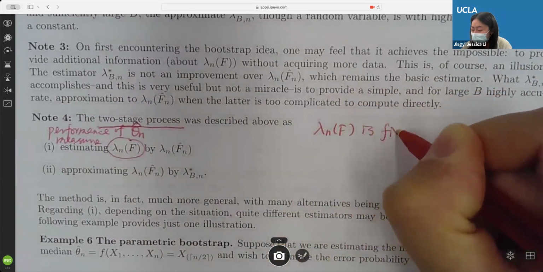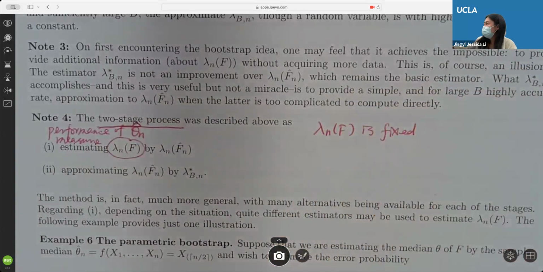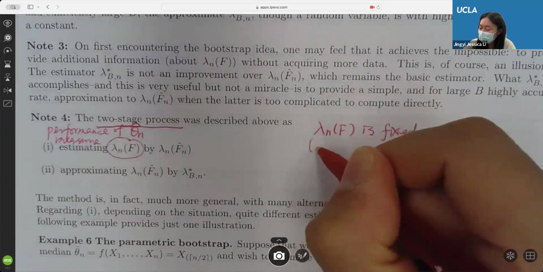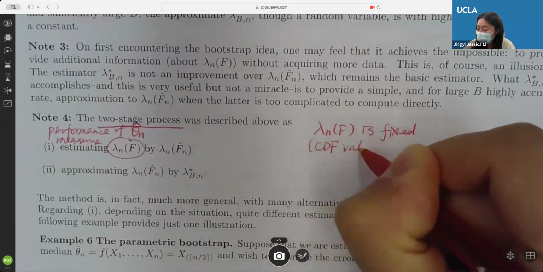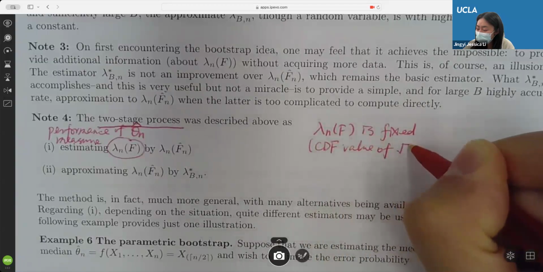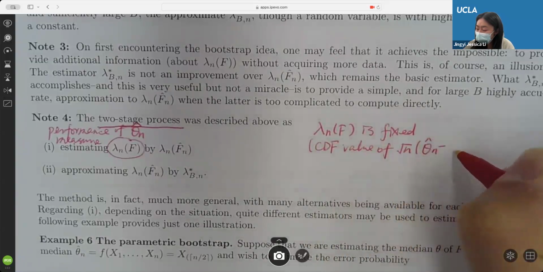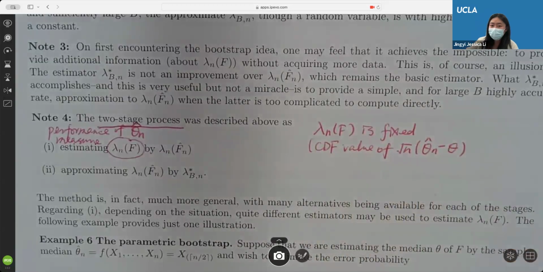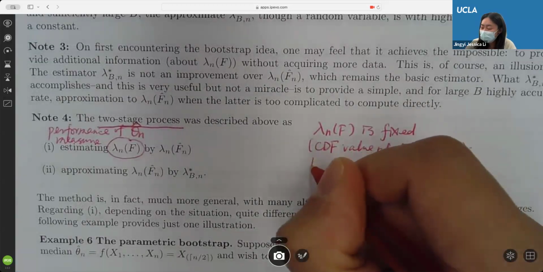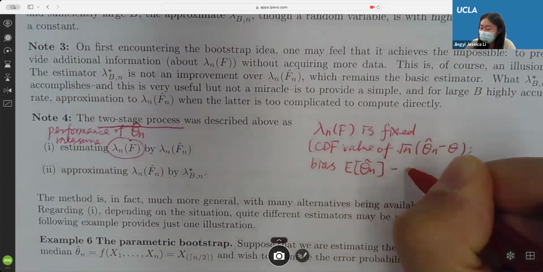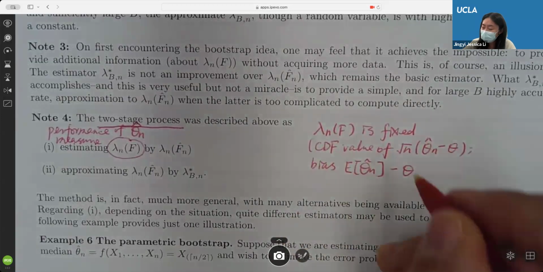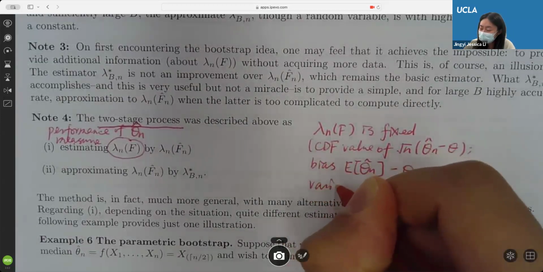You can think about examples like the CDF value of root n times theta hat n minus theta, the CDF of this distribution at a given value, the left-tail probability, or the bias, which is the expectation of theta hat n minus theta, or the variance.